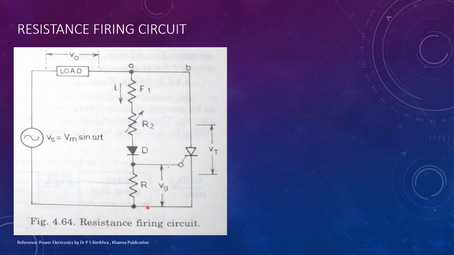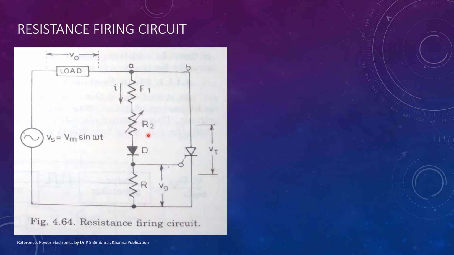The circuit shown on the left is the control circuit. This part of the circuit draws very little current. Resistance R2 is the variable resistance. Resistance R is the stabilizing resistance.